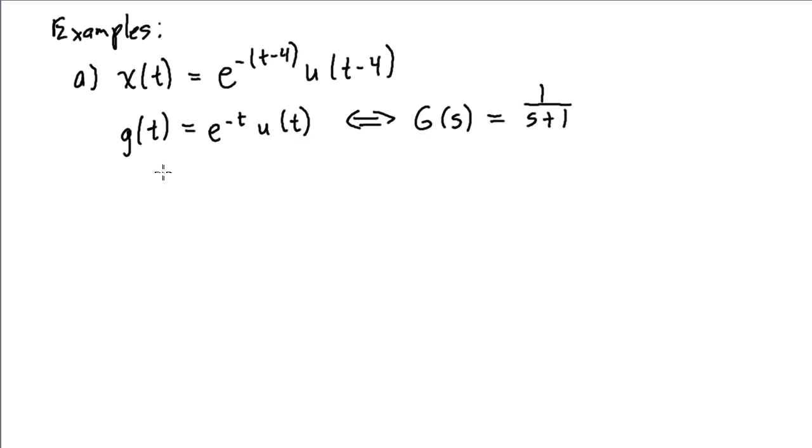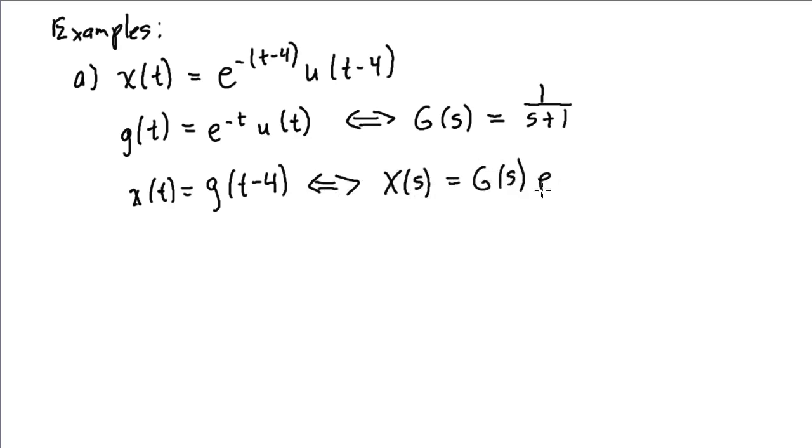And now since x of t is actually g of t minus 4, then X of s would be equal to G of s times e to the minus 4s, or we get e to the minus 4s times 1 over s plus 1 for the Laplace transform of x of t above.